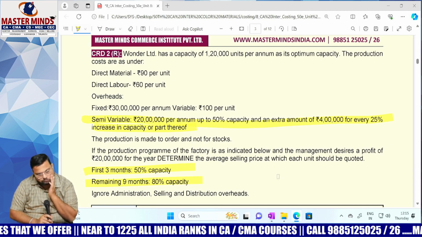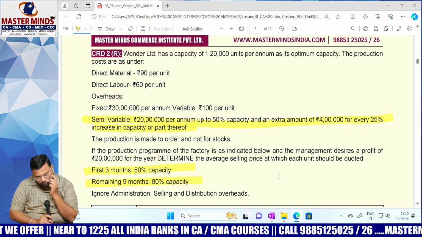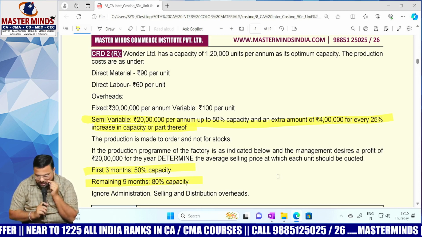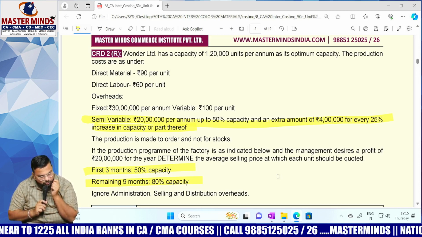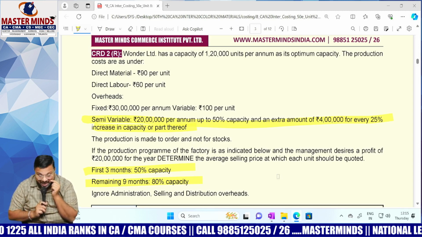Wonder Limited has a capacity of 1,20,000 units per annum as its optimum capacity. Capacity is given, Nana. How much, Nana? 1,20,000 units per annum.